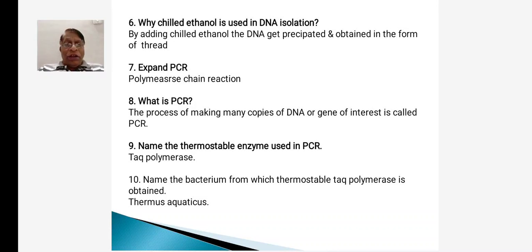Name the bacterium from which the thermostable Taq Polymerase is obtained. The name of the bacterium is Thermus aquaticus. These 9 and 10 questions are very important questions for the examination.